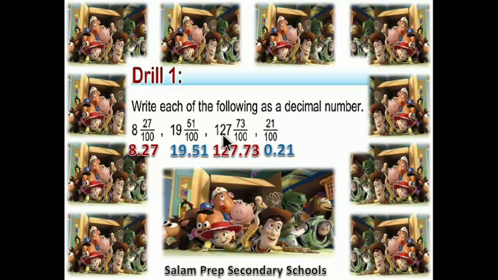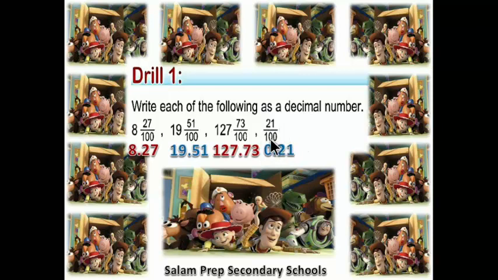And then write the whole number. We will write 127 in the whole number part before the decimal point. After the decimal point, we write the decimal part, 73 hundredths. So we will put 73 in the decimal part, 73 hundredths.